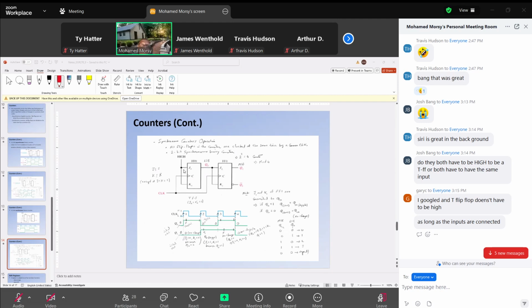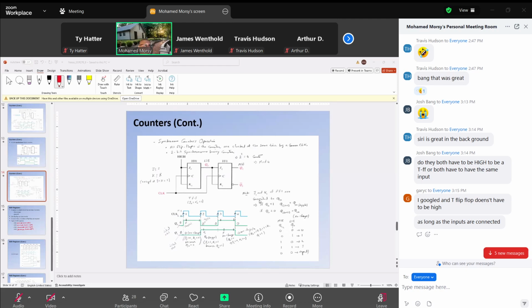This is a fixed connection. We have soldering at this node, which means the node is always high. We have soldering here also, but the input is Q0, not 1 or 0. It depends on the value of Q0, which can be 1 or 0, not always 1, not always 0.